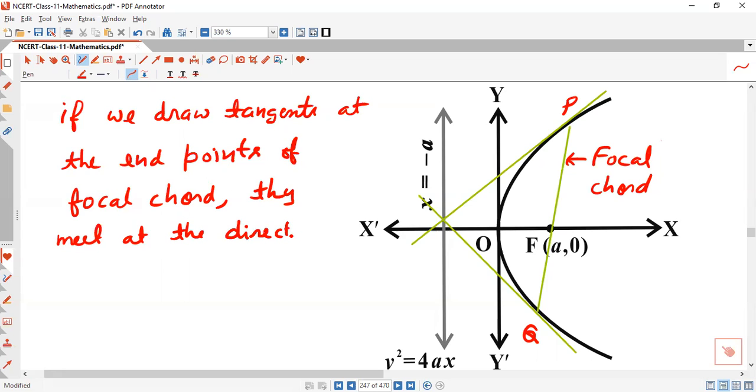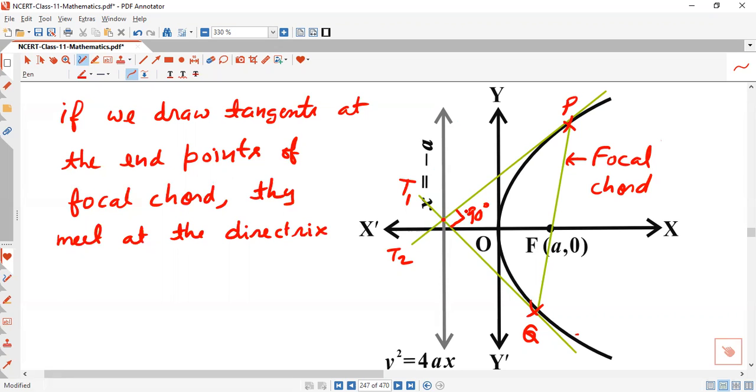This is something interesting. We have a focal chord with endpoints P and Q, and I am drawing the tangents T1 and T2. The important thing is that these two tangents meet each other at the directrix. And the second most important thing is that the angle between these two tangents is 90 degrees.